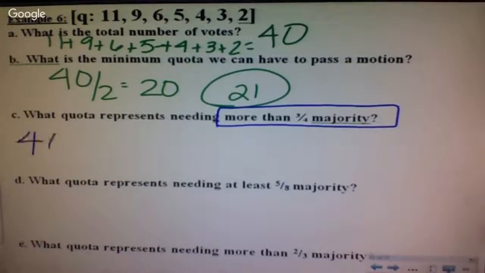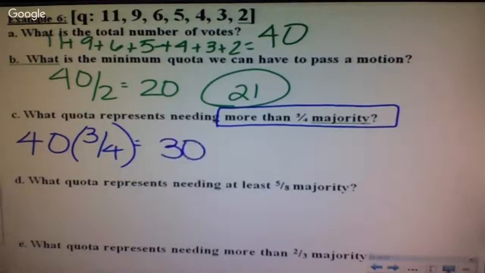I need to find 3/4 of 40. If I have 40 votes, what's 3/4 of that? 30. So 30 is 3/4 of 40. Then it says more than, so I don't need just 30, I need 31.